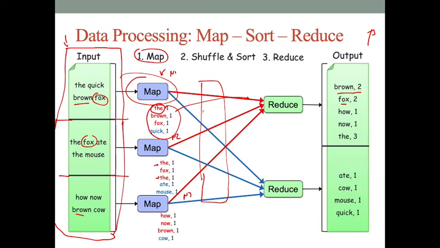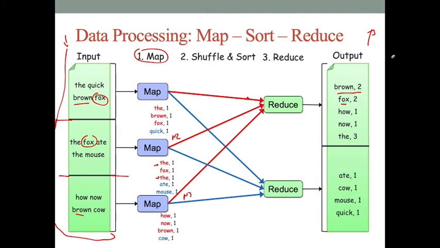Basically, for example, here we know that, let me just quickly delete this. The mappers are just going to process this information, for example, all the keys for the brown fox, because we're going to be sorting this, they are all going to go to this reducer, and the same here.